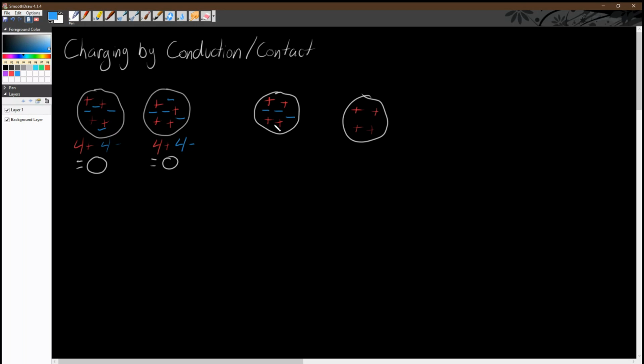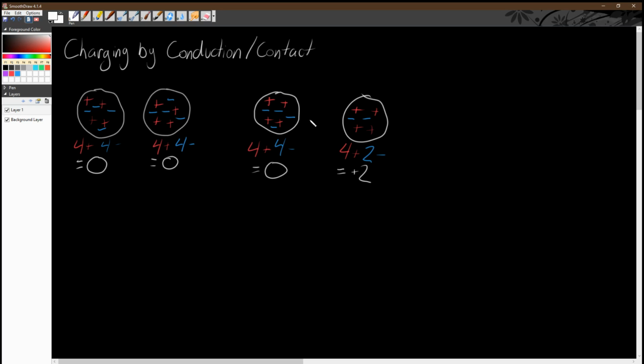We'll keep our left sphere neutral, but our right sphere only has 2 negative charges. So we have 4 positive in each sphere, 4 negative charges on the left and only 2 negative charges on the right, which means on the left we have a net charge equal to 0, and on the right we have a net charge equal to positive 2.